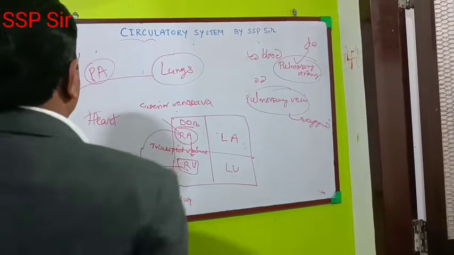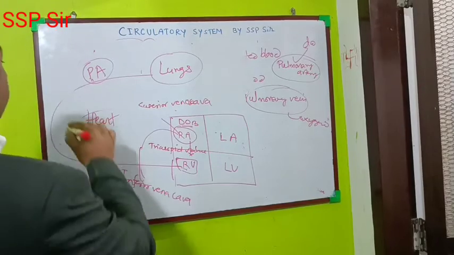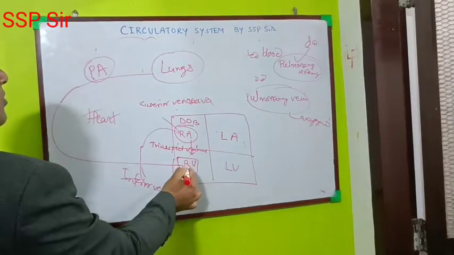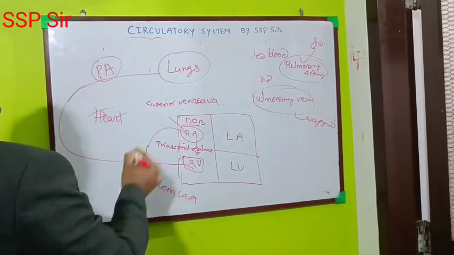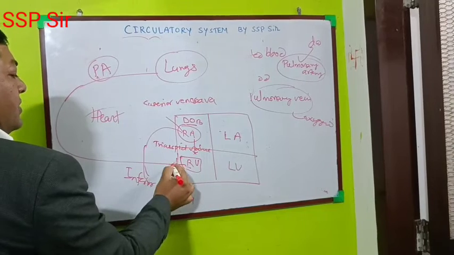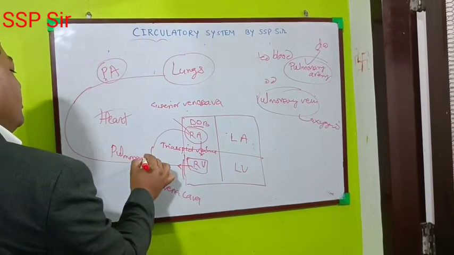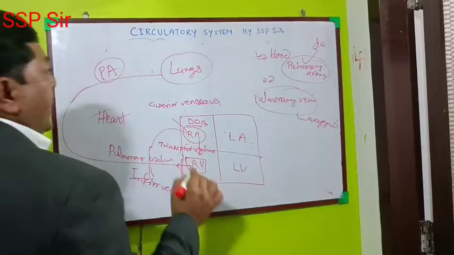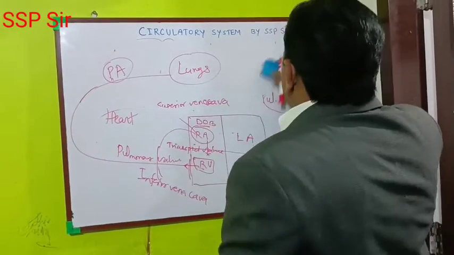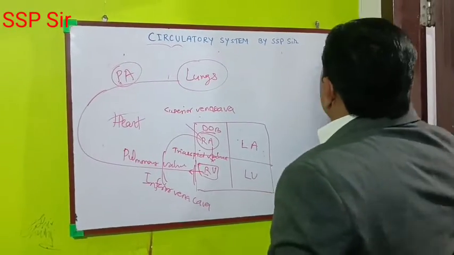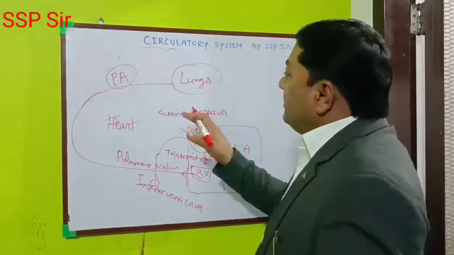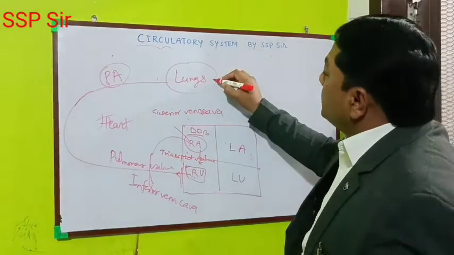This one you have to remember. The pulmonary artery carries deoxygenated blood from the right ventricle to the lungs, and here is the pulmonary valve. And from the lungs the carbon dioxide is liberated, and the blood is loaded with oxygen.